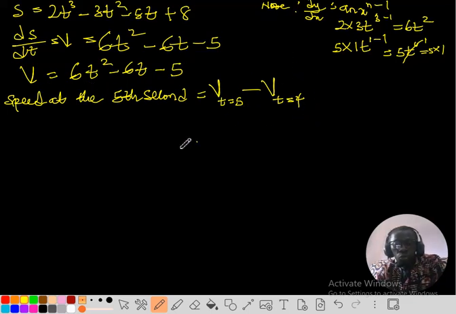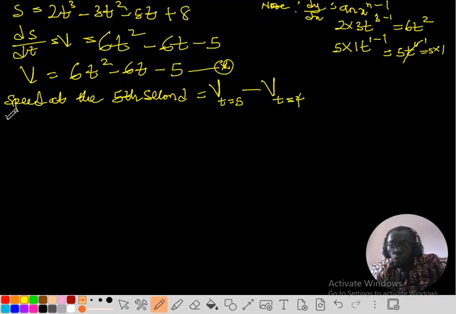So all I need to do now to simplify this is come back to this expression. Anywhere I see t here, I'm going to replace t with 5 first and get the answer, and again anywhere we see t here, we'll replace t with 4. Then the answer for v when t is 5, we'll subtract from velocity when t is 4.